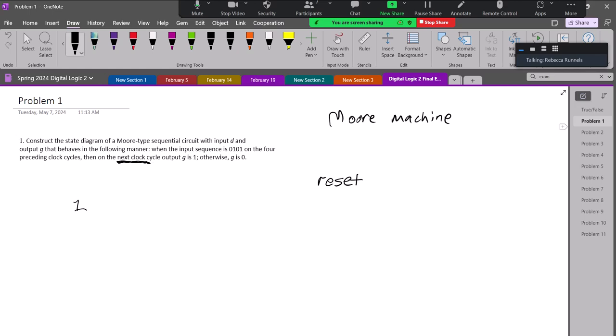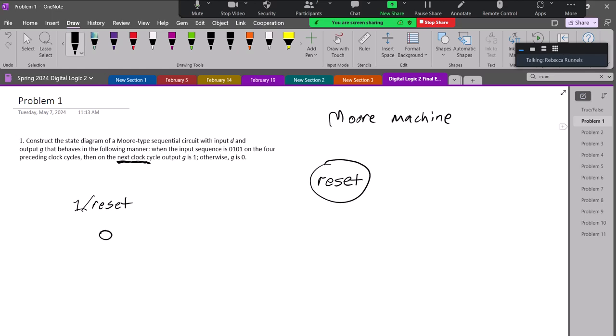Because if you have just a 1, that's not getting you anywhere towards the 0, 1, 0, 1. So reset or just a 1. And then if you get a 0, then you're on your way towards having your 4-bit sequence here. And so that would be a state. So I'll put that one in.